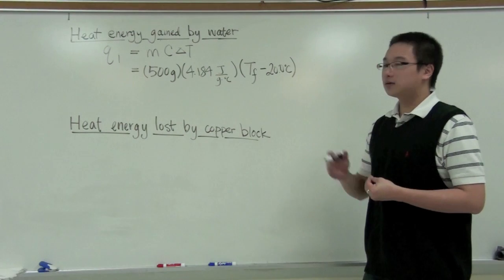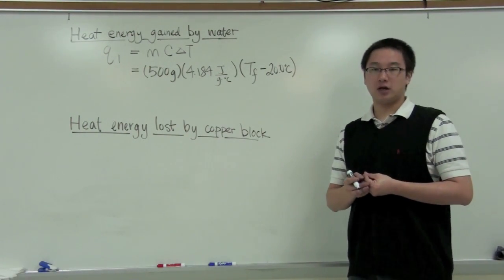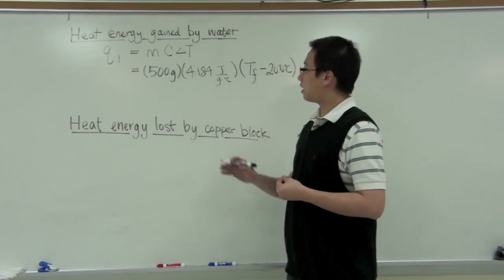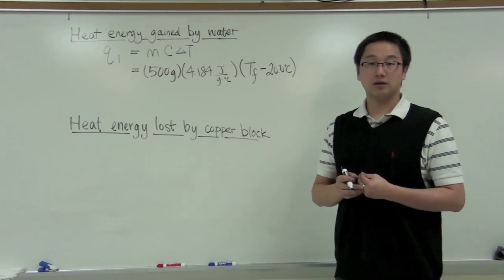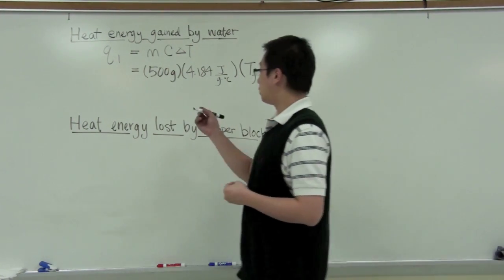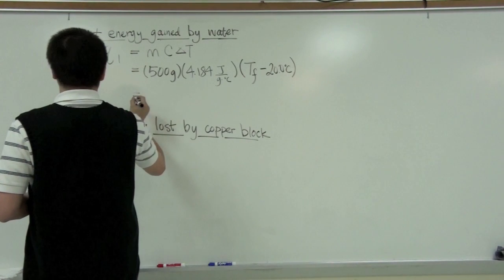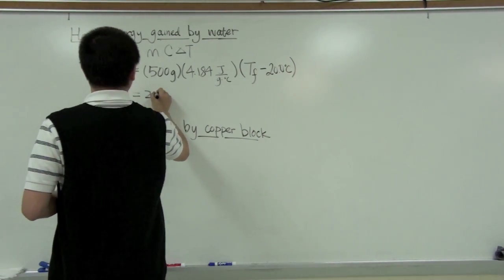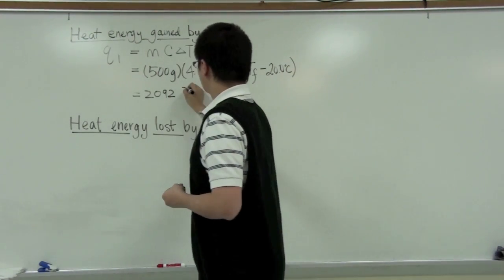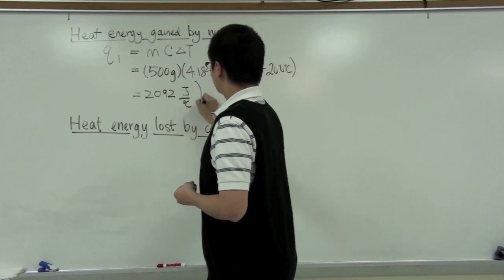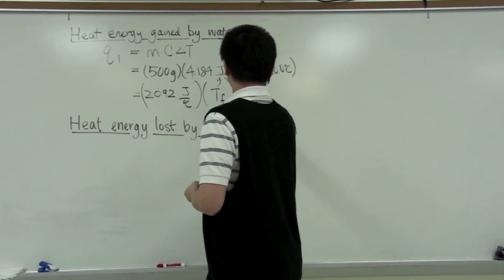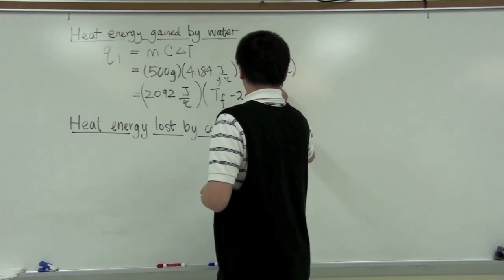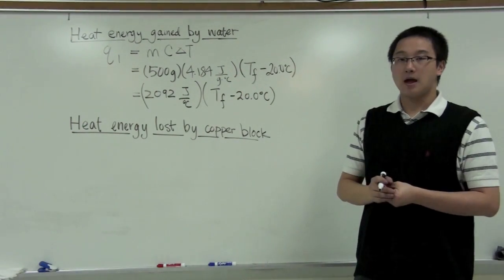Okay. Now, we can do a little bit of simplification here. 500 grams times 4.184 joules per gram degree Celsius. We can multiply these two and get 2092 joules per degree Celsius.